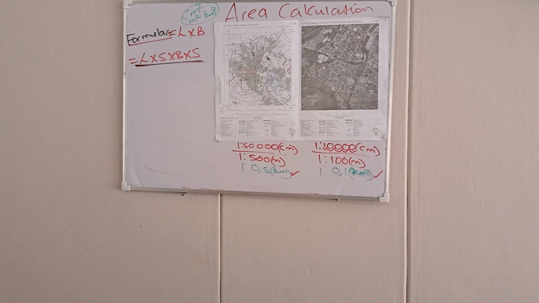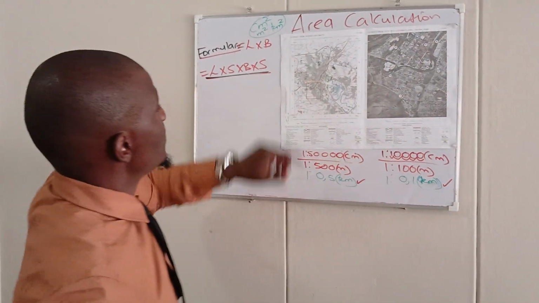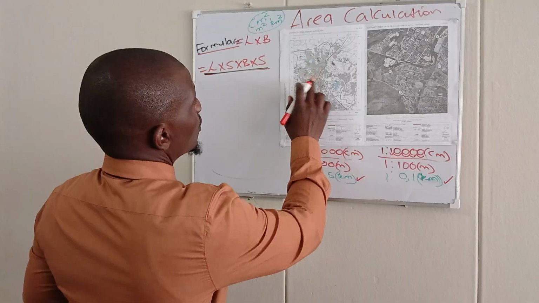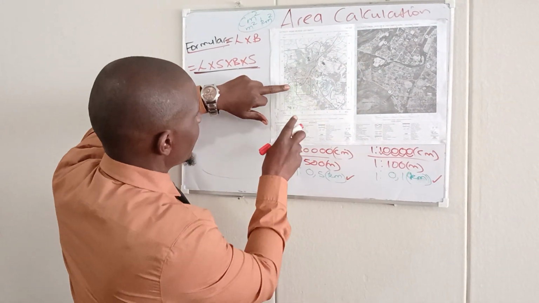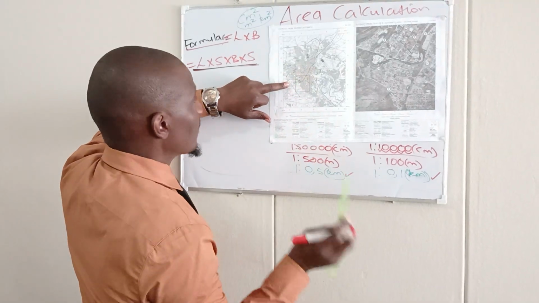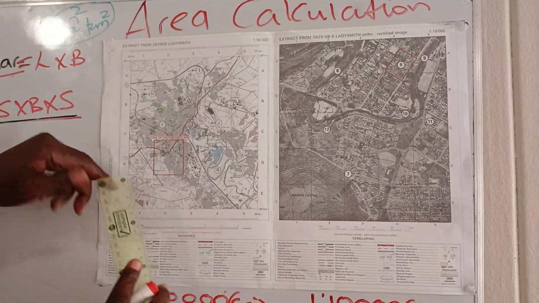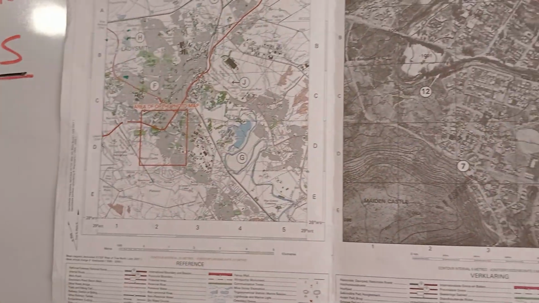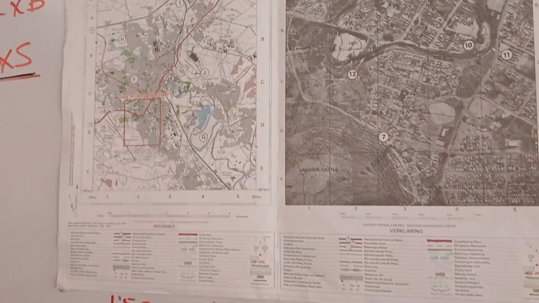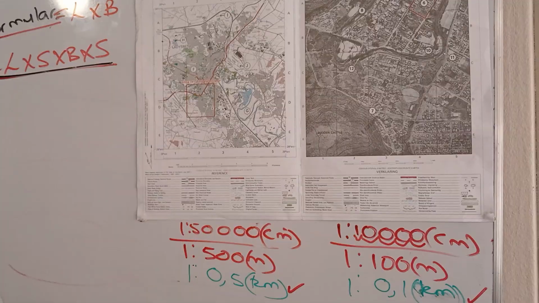So I'm going to calculate the area of the orthophoto map shown on a topographical map. This is the area of the orthophoto that is shown on a topographical map. I'm going to calculate the area of that red square that is on the topographical map.